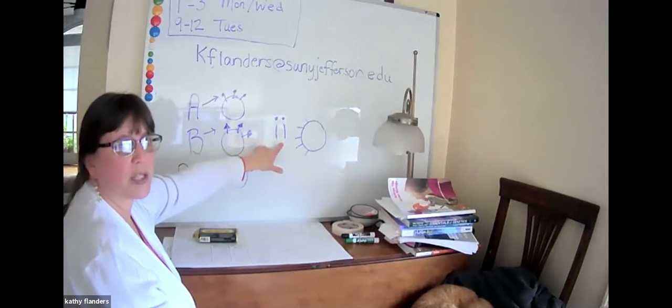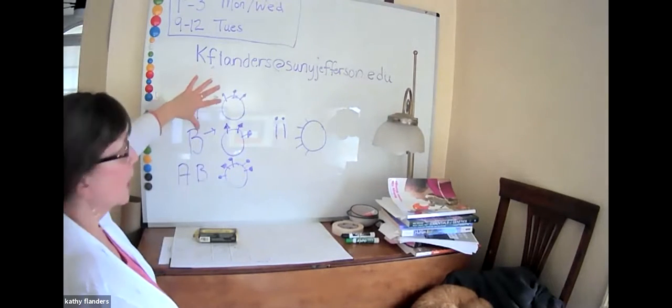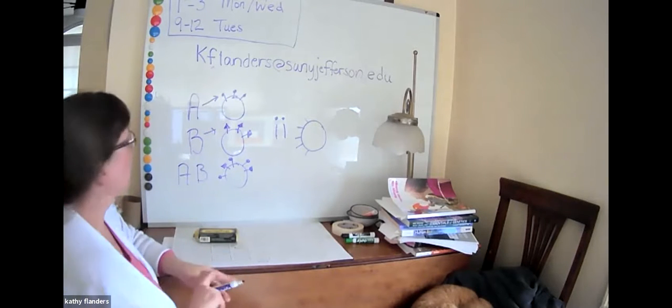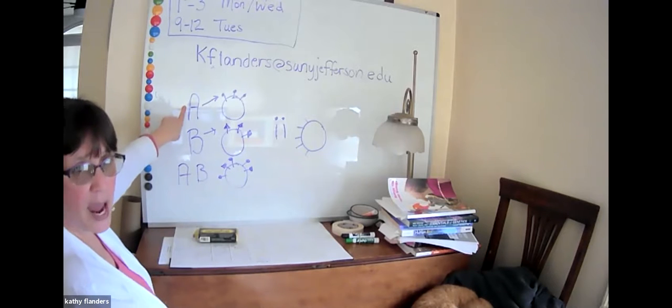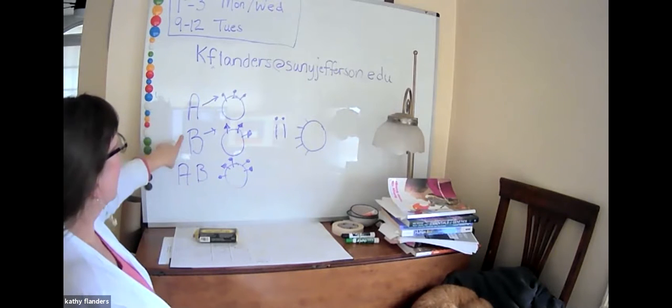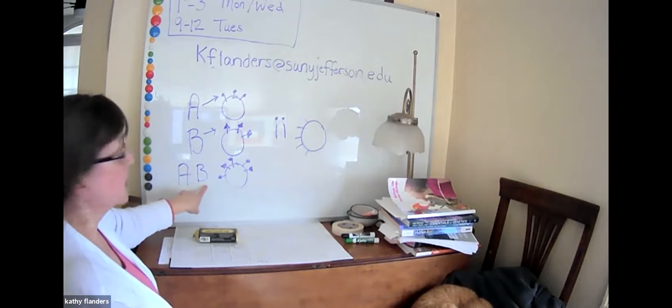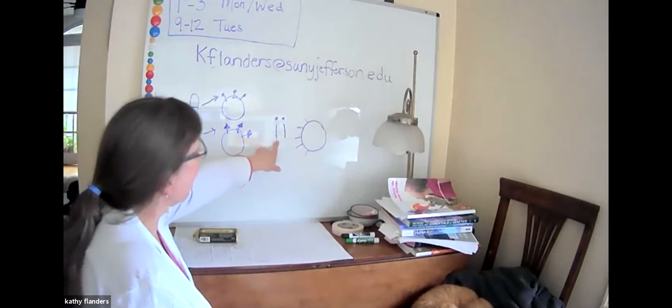This is recessive to these. And you can only get 2 alleles total, right? So you either get an A and an A, a B and a B, an AB, an ii.